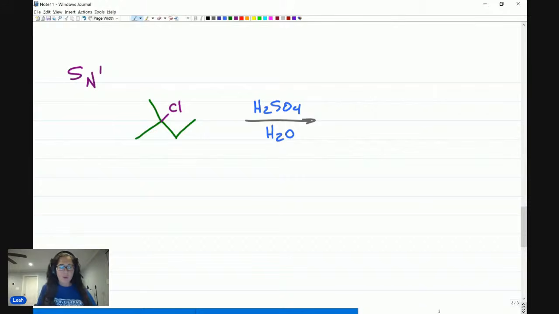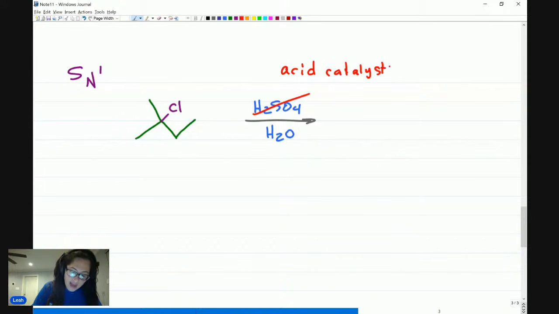This is a trick question because even though H2SO4 is written here, you should recognize that H2SO4 is sulfuric acid. An acid is positive, not negative, not a nucleophile, not going to attack anything. Anytime you see an H2SO4 in some kind of solution, that is simply an acid catalyst that is going to help with the reaction, but it will never attack anything.